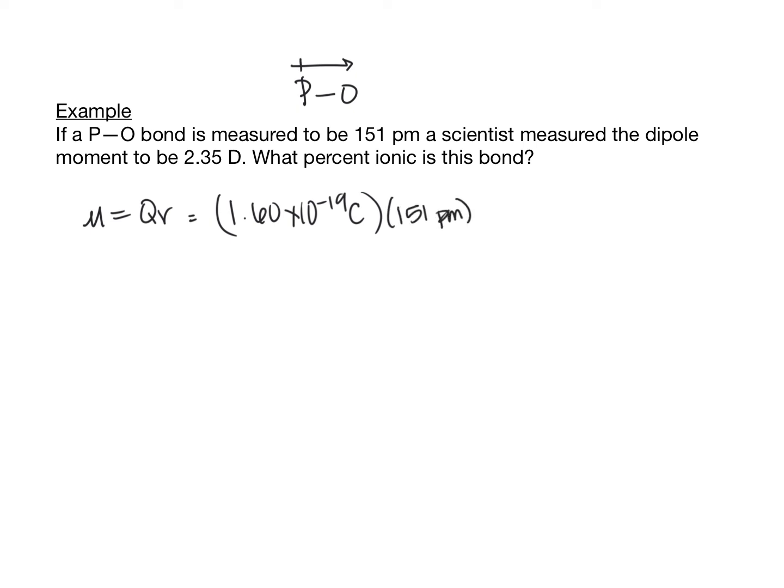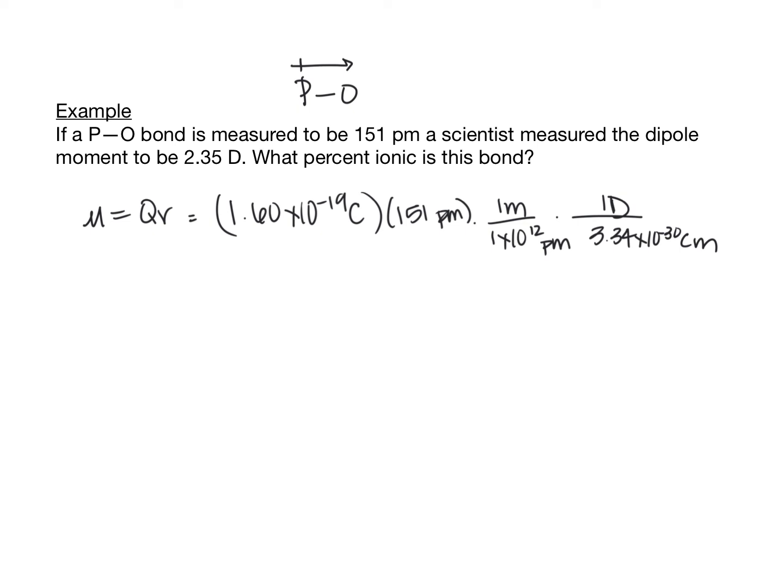We need to convert picometers to meters and coulomb meters to debye. There are 1 times 10 to the 12th picometers in 1 meter, multiplied by 3.34 times 10 to the negative 30th coulomb meters in 1 debye.